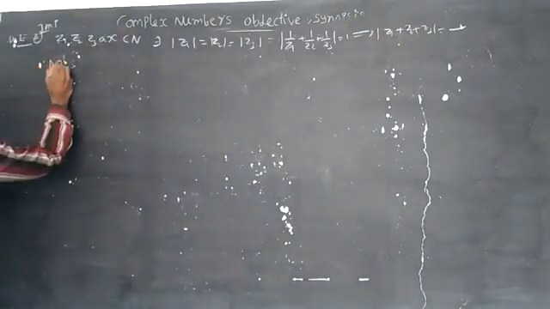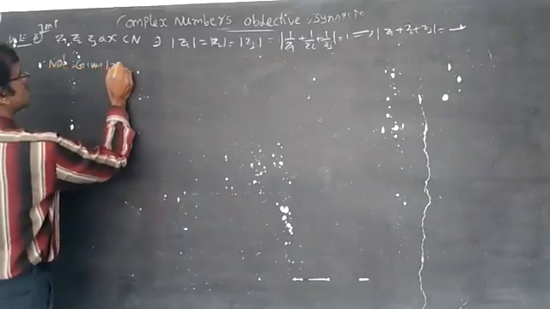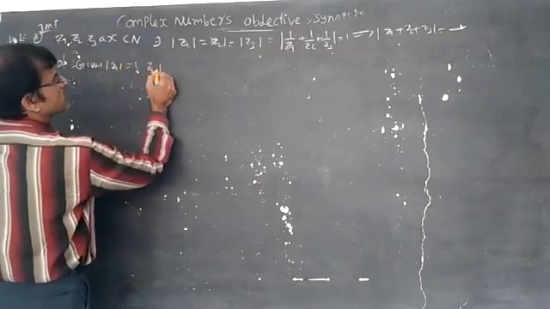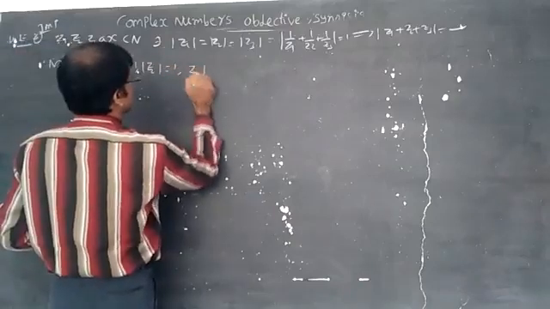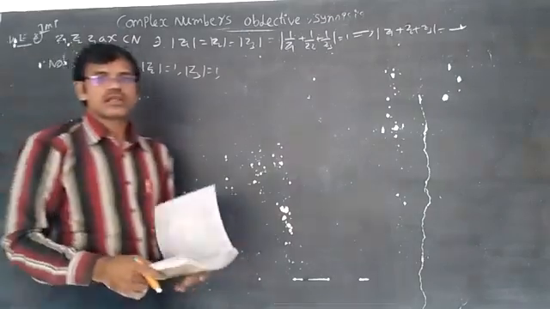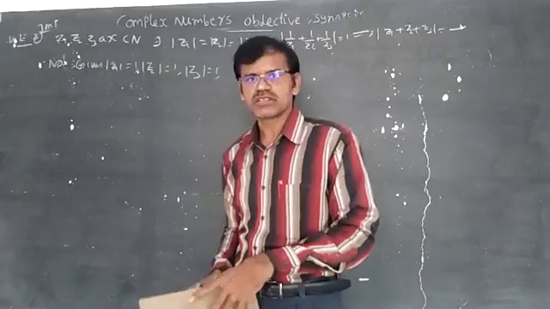Now, given modulus of z1 equal to 1, modulus of z2 equal to 1, modulus of z3 equal to 1. These complex numbers with modulus equal to 1 are called unimodular complex numbers.